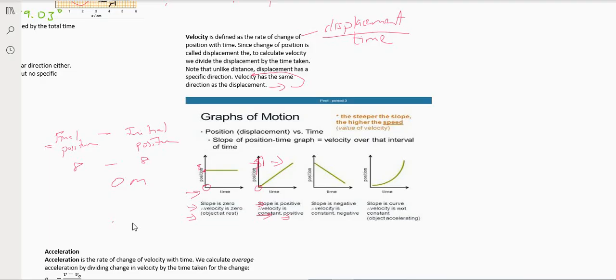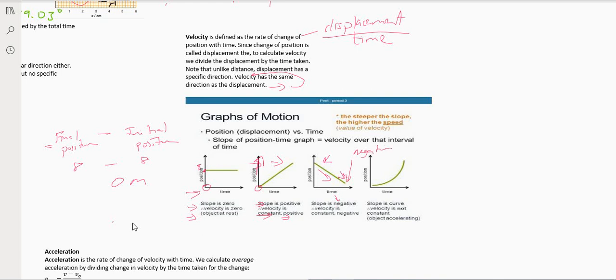All right. Now we can look at another graph here. We will come across these kinds of graphs where the slope will look like this. What this is telling us is that the slope is going to be negative. So whenever we descend or have a position versus time graph looking like this, then we expect that the slope is going to be a negative value, because in physics we perceive going down as being negative.